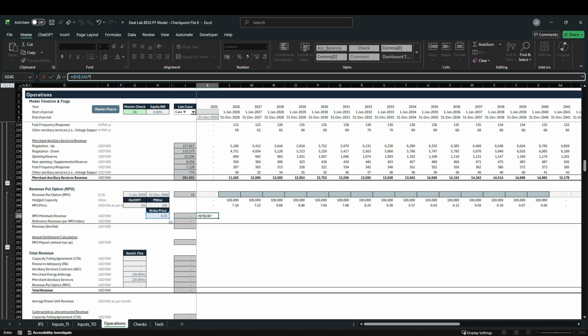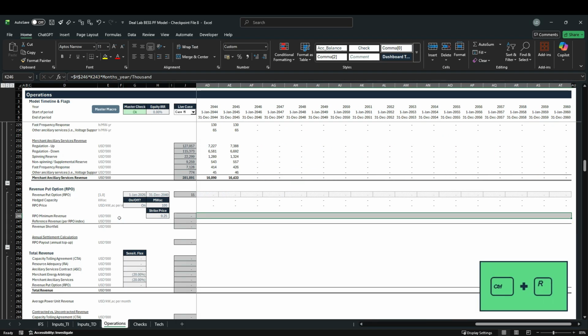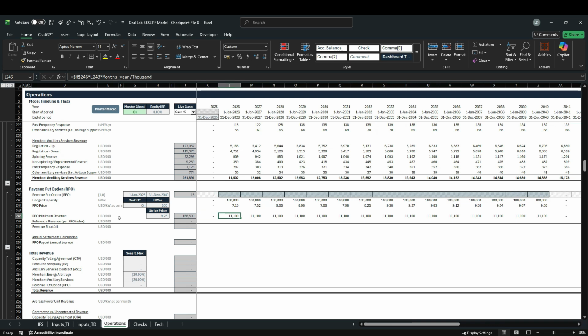And we will multiply this with our hedge capacity, because the hedge capacity is in kilowatt AC and the strike price is in dollars per kilowatt AC per month, which means that we also have to multiply by months per year and then divide by 1,000, because right here the output is going to be in thousands USD. Hit enter, drag it over, Control R. And this is essentially a minimum revenue of 11.1 million USD that our project would expect in each respective year.